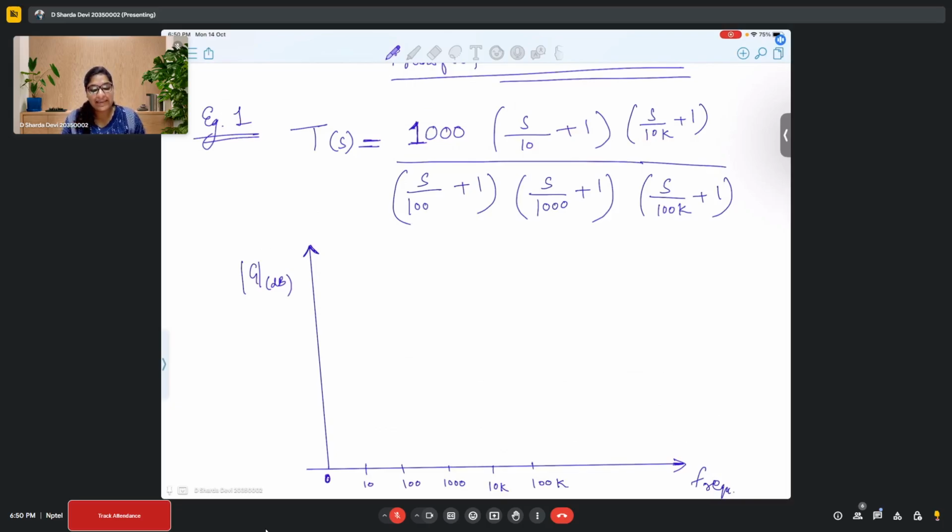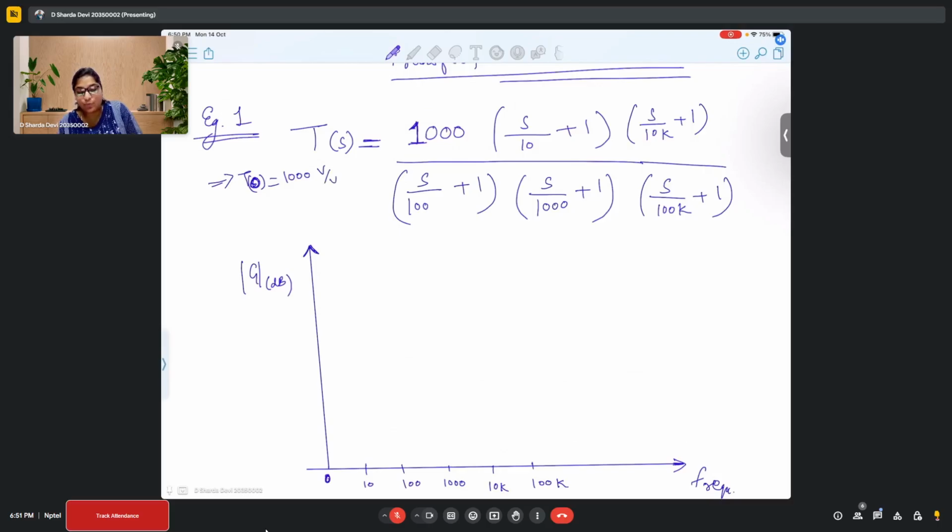Now, what is the gain at 0 frequency? That is the DC gain. What is the DC gain of this transfer function? Is it 1000 dBs? No, that's just 1000. T of 0 is 1000.